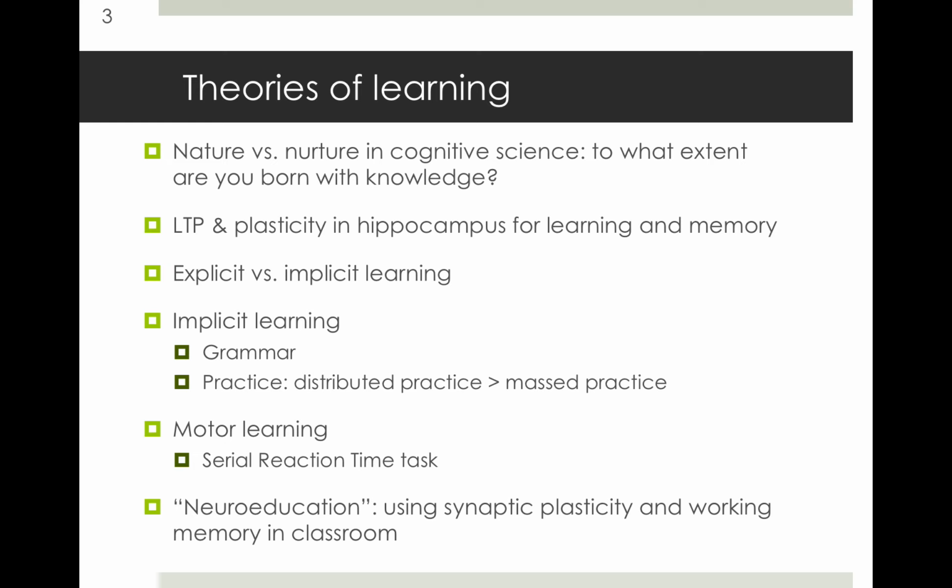And then also another form of implicit learning is something that you can gain from practice, such as using language or riding a bike, right? And then there's lots of work on the effects of practice on implicit learning. Generally, people are showing that if you practice in distributed amounts over time, that works better than massed practice, in other words, one large bout of practice at a time.